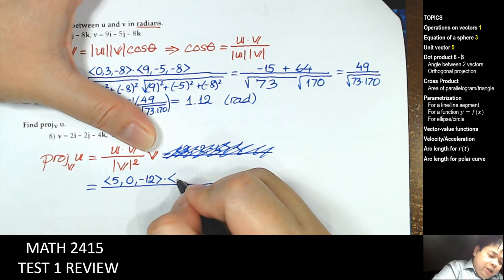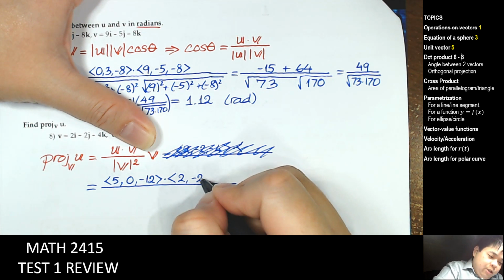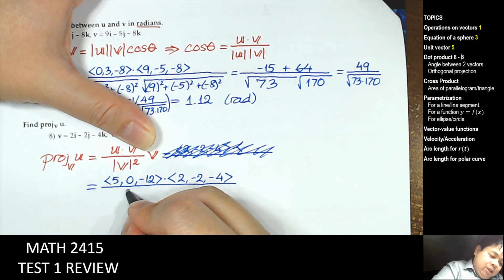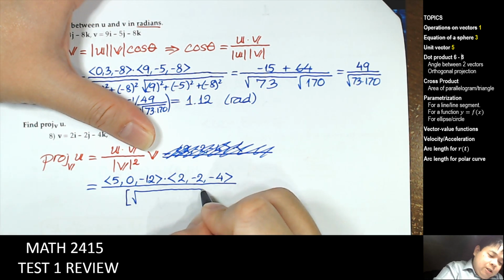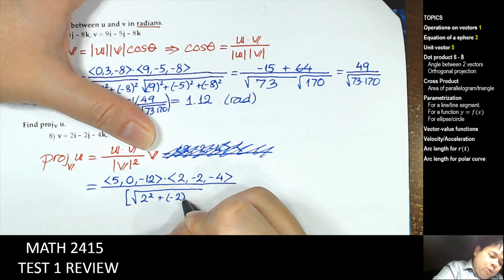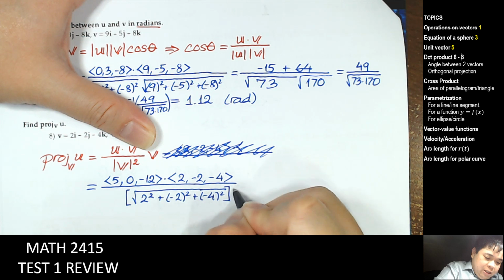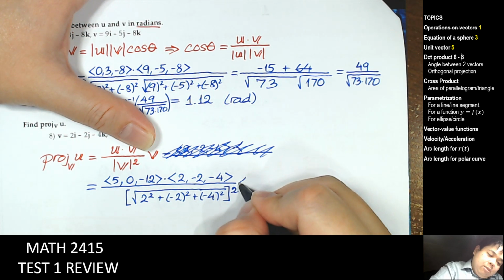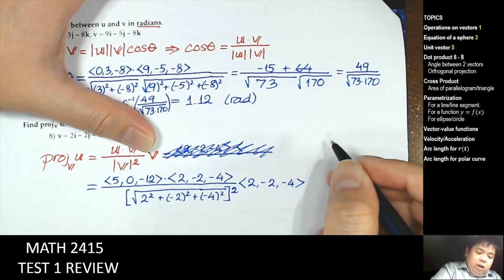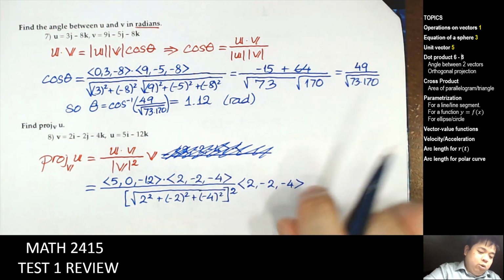Times vector u, 2, -2, and -4. Right, over the magnitude of v squared, 2 squared, -2 squared, and -4 squared, times the vector v, 2, -2, and -4. When we do this, all of this will give us just a number, and then that number will multiply by the vector.